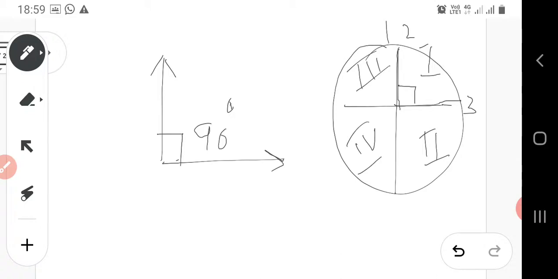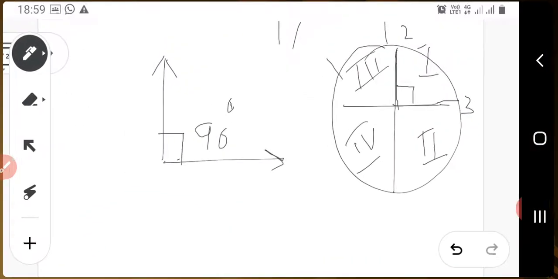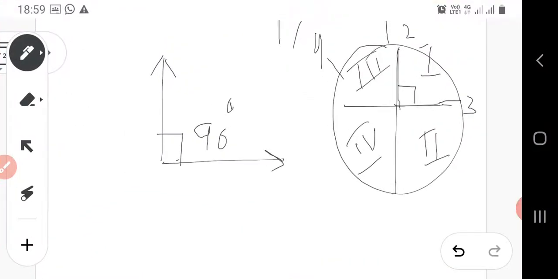So in fraction we can say it as 1/4. All these parts are equal, so we can say that any one part is 1/4. So it is also called quarter turn.